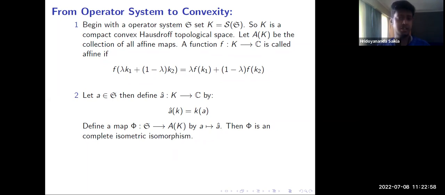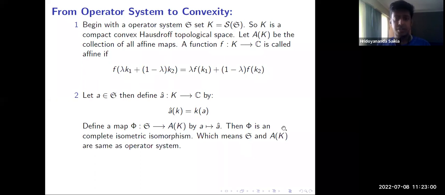That means now this operator system S and the new operator system A(K), they are the same as operator systems. Now, why is this theorem important?